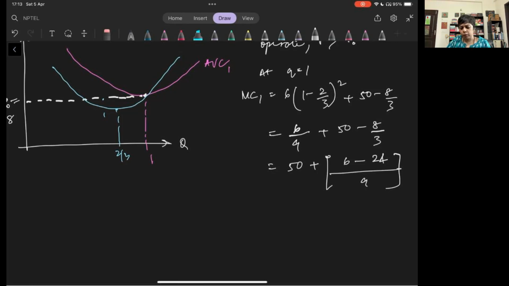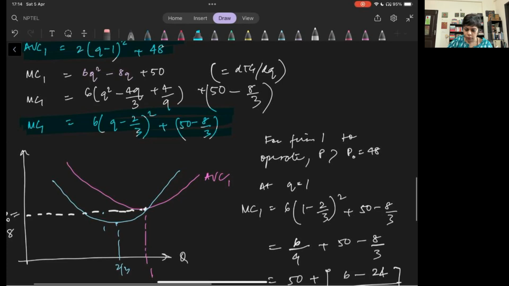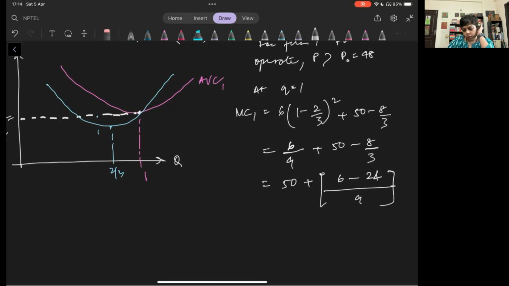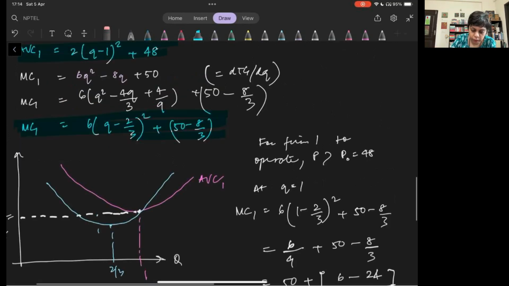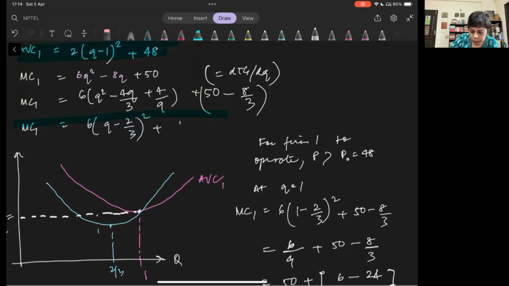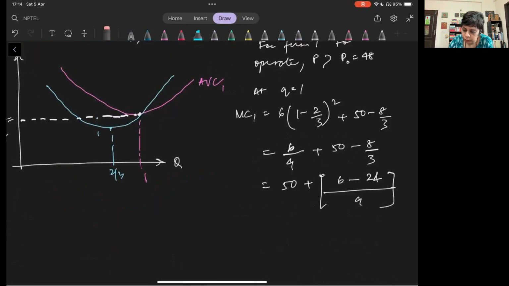Wait a minute, there's something wrong. Hang on, I need to check. I made a mistake somewhere. This was 47.33, it should be computed. Let's resolve this whole thing again.